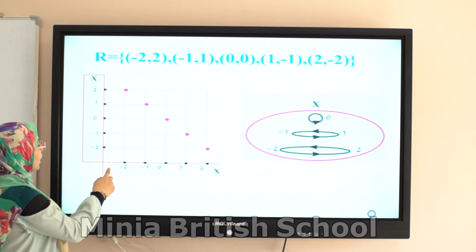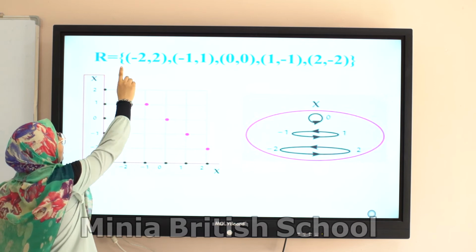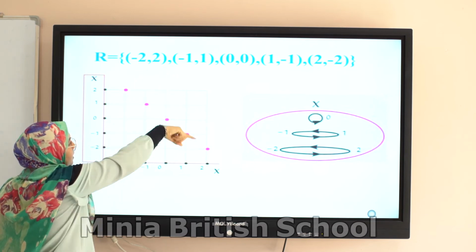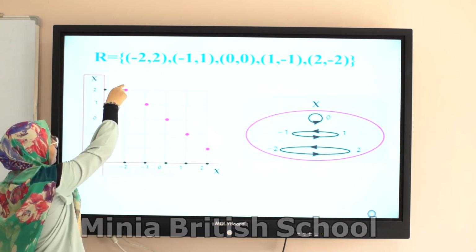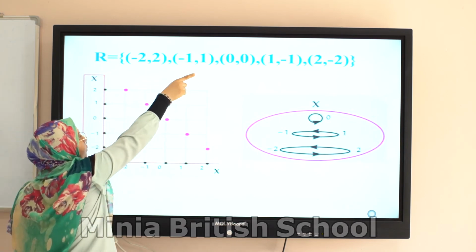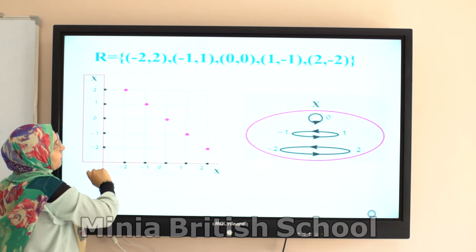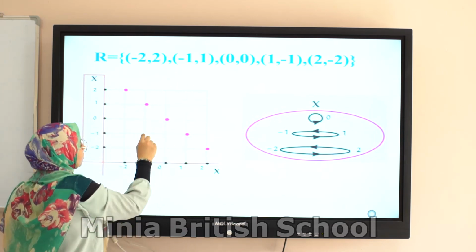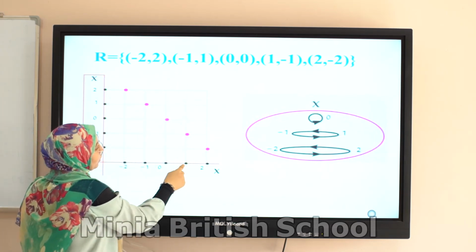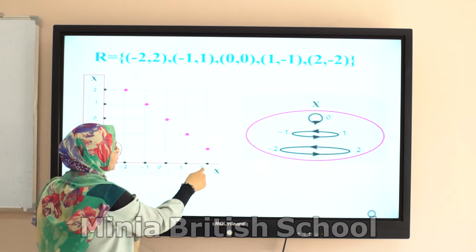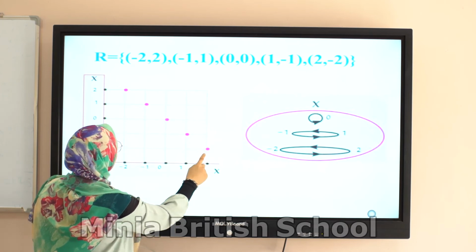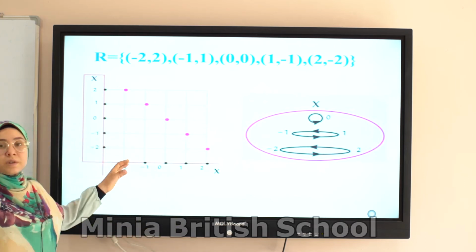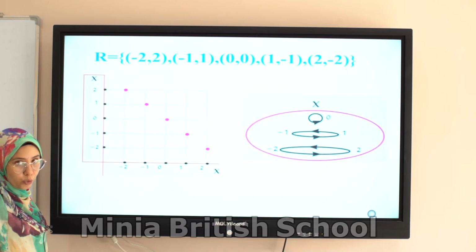Now, I will label each ordered pair in this grid. First one, negative 2, 2, negative 1, 1, 0, 0, 1 and negative 1, 2 and negative 2. This represents the Cartesian product.